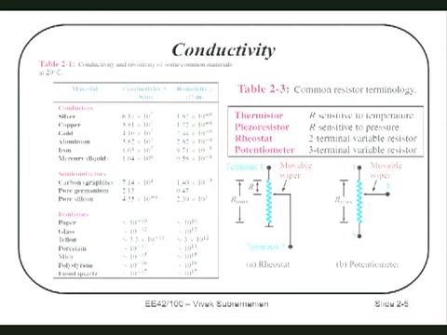Semiconductors tend to be somewhere in between. They tend to be sort of halfway between, not really halfway, but somewhere in the middle between conductors and insulators. Okay, let's take a side trip for a minute. So carbon, on this list, appears to be a semiconductor.